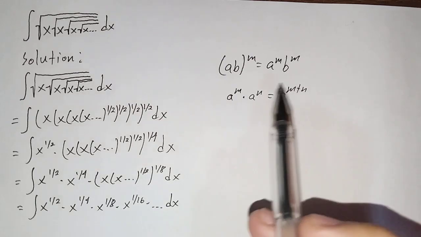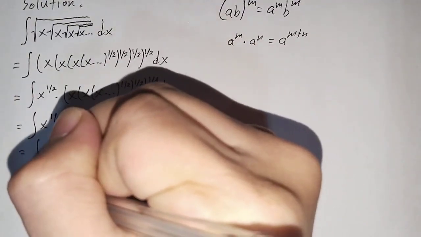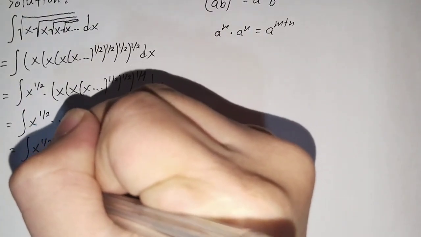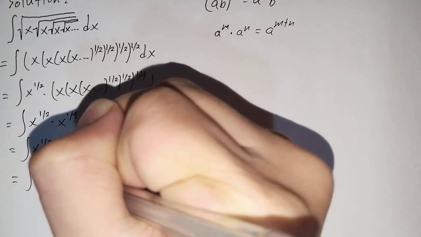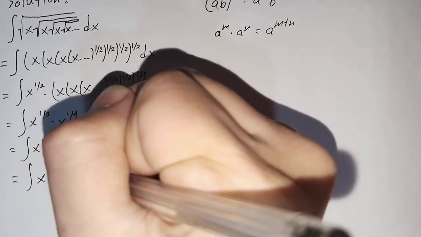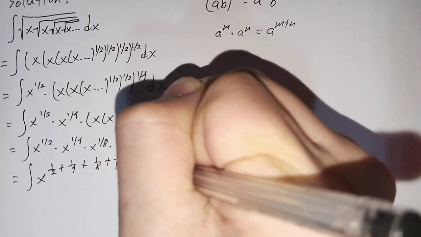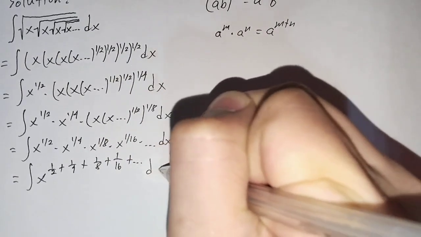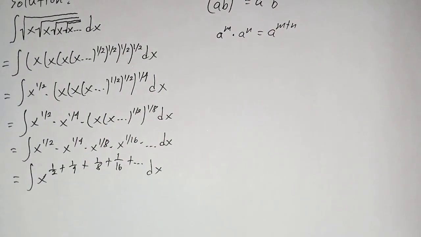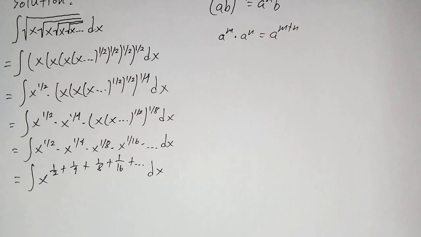So we can use this rule in our integrand, and this will become the integral of x raised to 1/2 plus 1/4 plus 1/8 plus, of course, 1/16, and so on and so forth up to infinity with respect to x. Now all we have to do is evaluate this infinite series. But what is it?